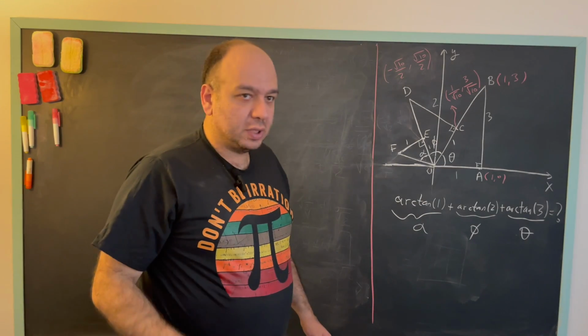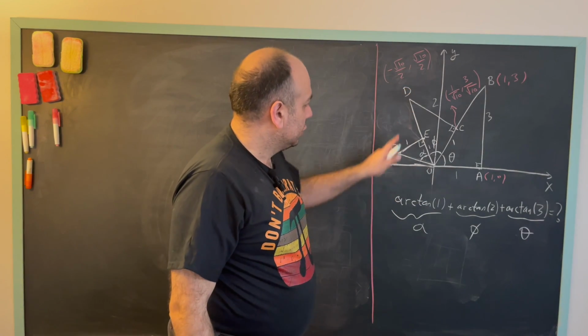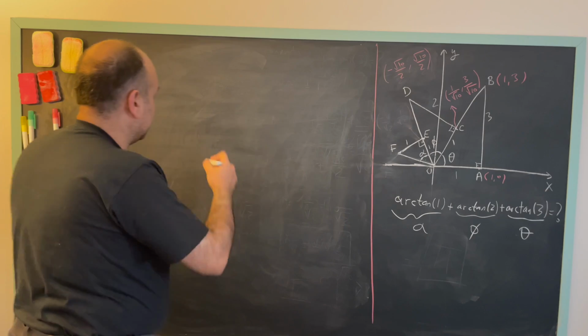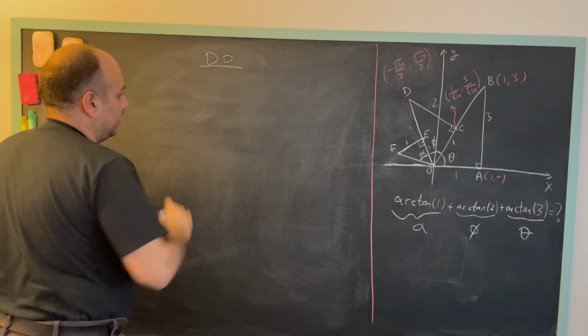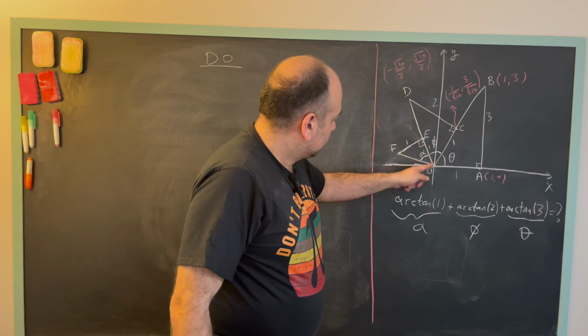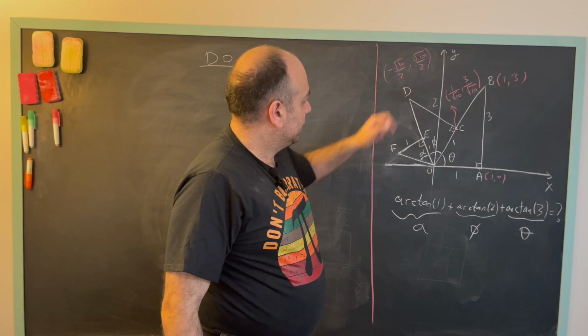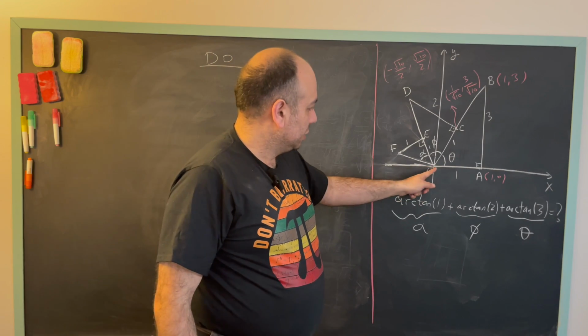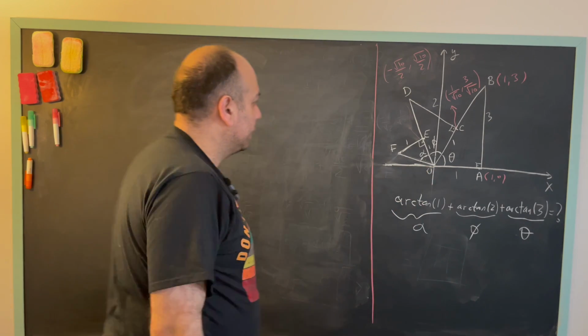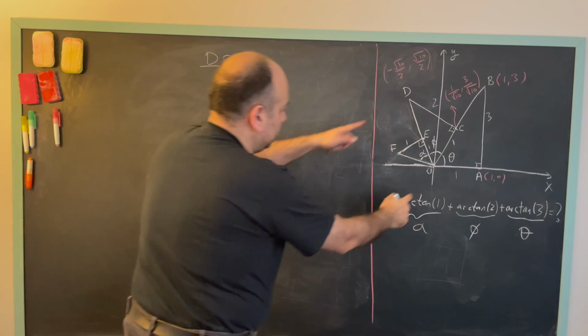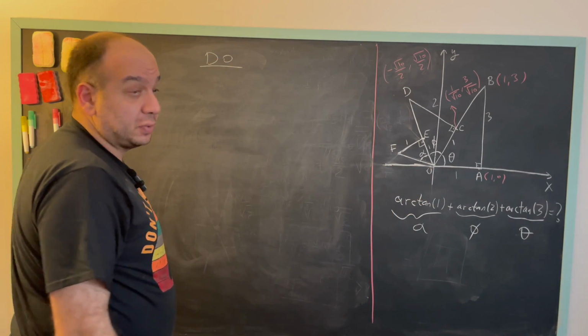So in the last board, I found the coordinates of d. So if I look at the DO line segment here, okay, the slope of this guy here is nothing but the y coordinate of d divided by the x coordinate, right? Because the origin is included here. So the slope of the DO line segment would be equal to minus 1. Okay?